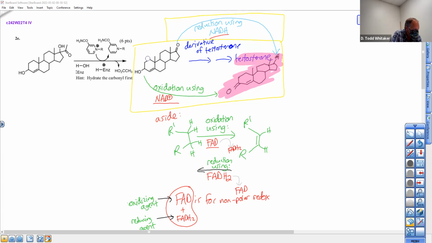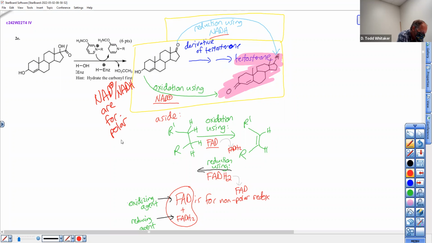We're going to do this mechanism shortly. Some biochemistry that you should take to your next classes. When you have a ketone becoming an alcohol, it's called a reduction. We're supposed to know that already. In biochemistry, you use the NADs for polar functional groups. NAD+ and NADH are for polar redox.